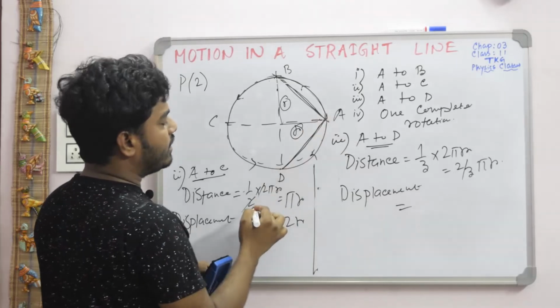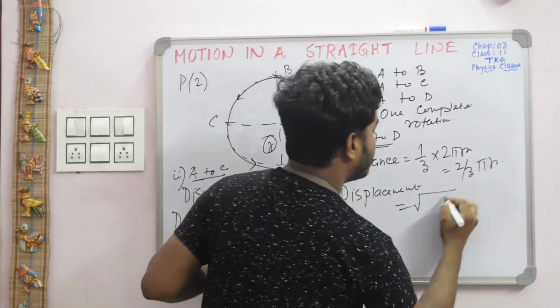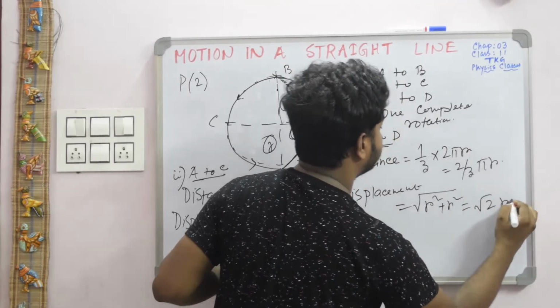Same condition, this is r, this is also r. So the displacement will be root under r square plus r square, that is root 2 r.